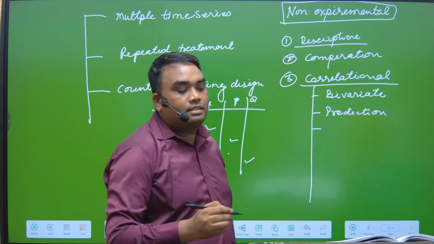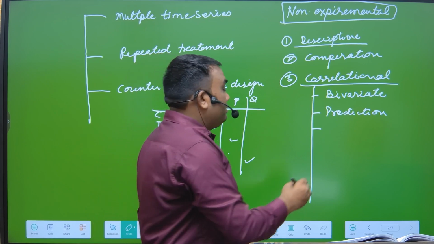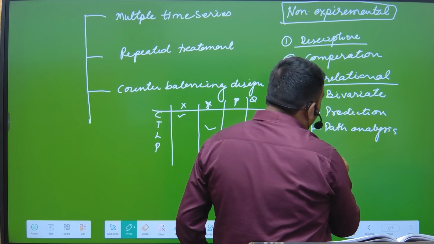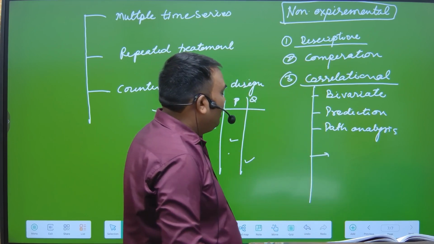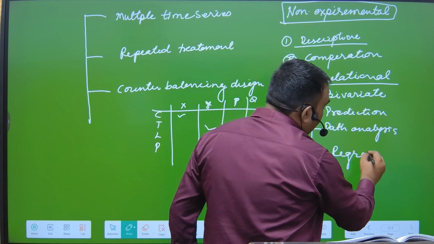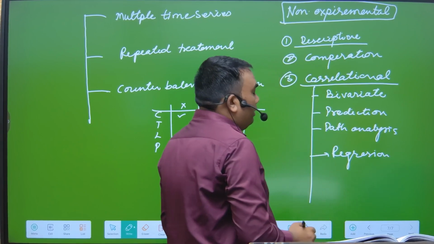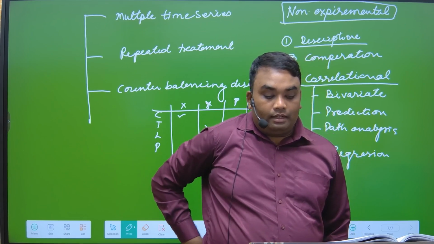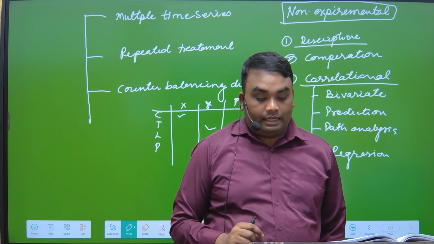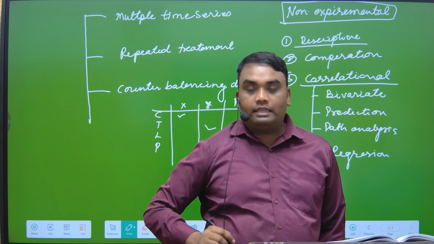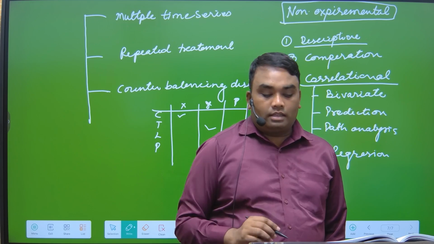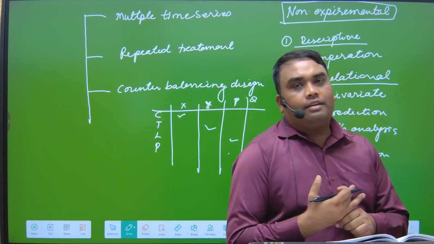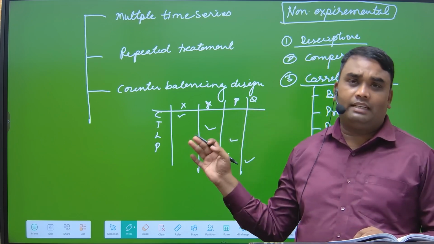Prediction is all about regressions, and then path analysis design, and after the path analysis, even regressions can be written separately also. Regressions design can be written separately also, and one design you can also use in correlations, that is the saturated design also, like logistic and saturated designs, right? You can say structural designs is there.